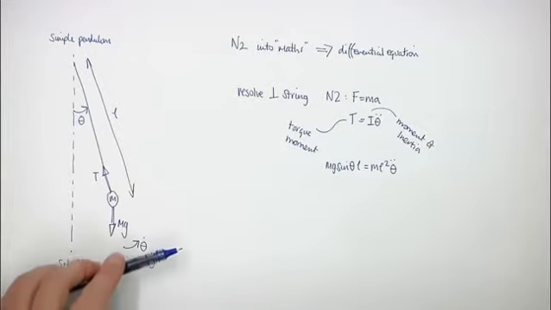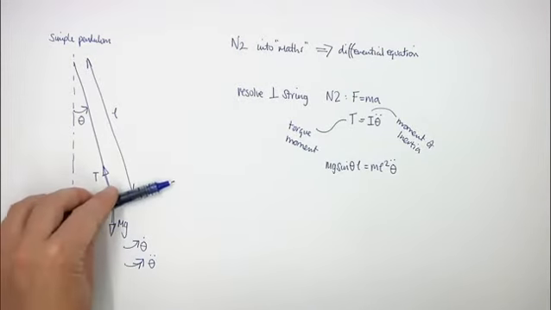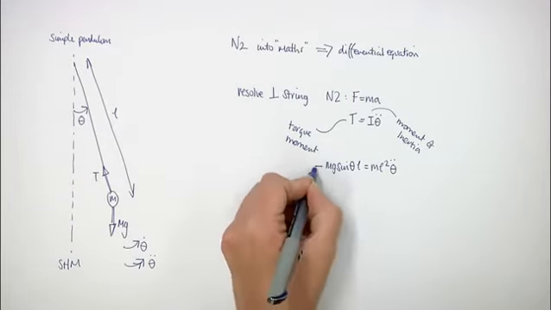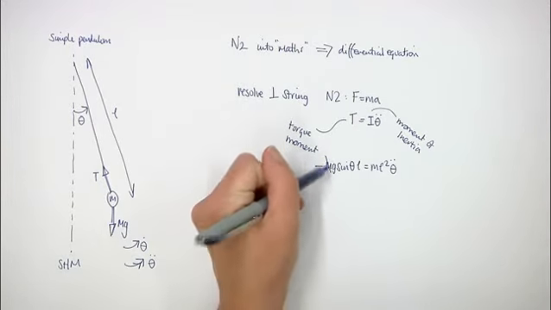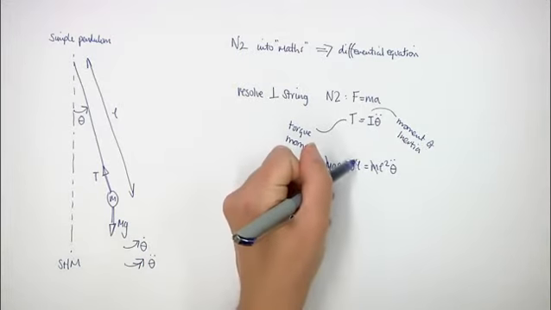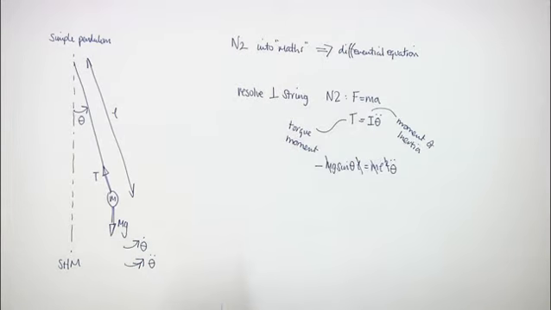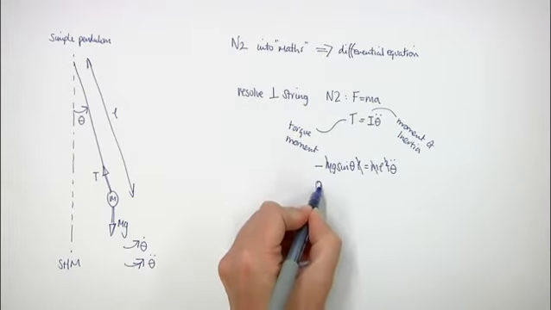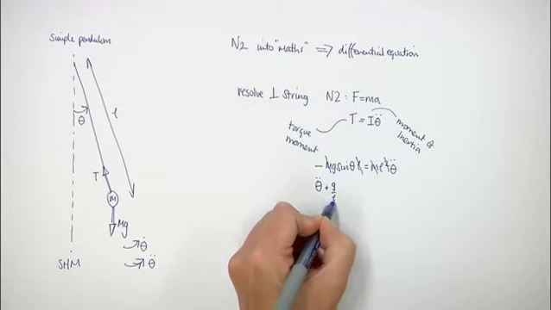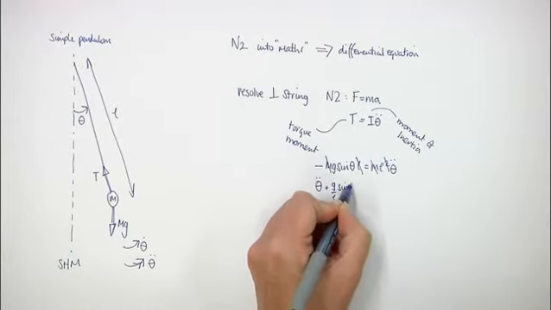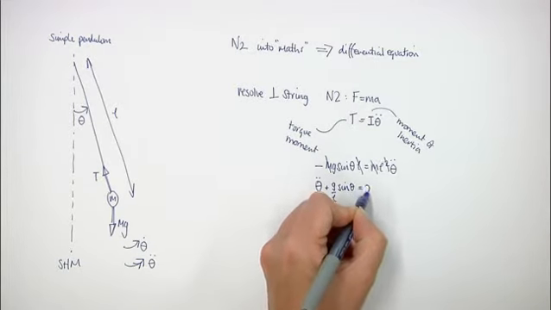And our theta double dot's in the opposite direction to the force, so we need a minus sign here. Our m's cancel, one of the L's goes, and we're left with the differential equation theta double dot plus g over L sine theta is equal to 0.